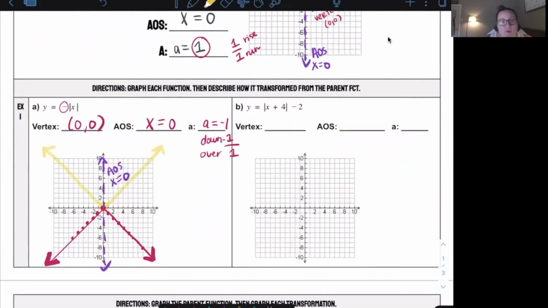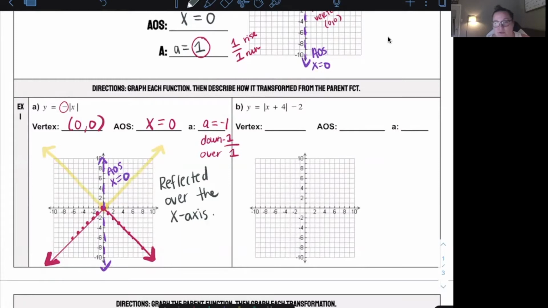Well, how does y equals the negative of the absolute value of x compare to the parent function? It got flipped over the x-axis, or reflected over the x-axis. It's just the upside down version of the parent function.